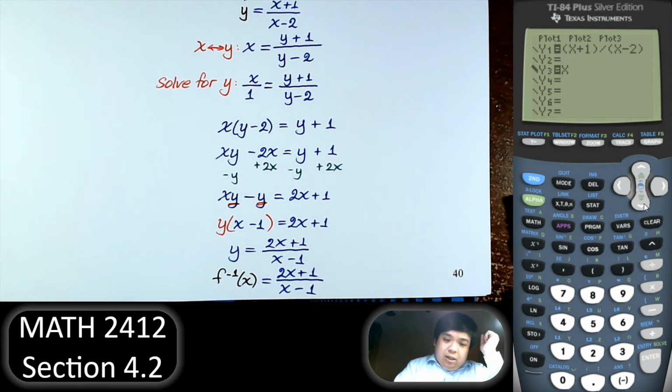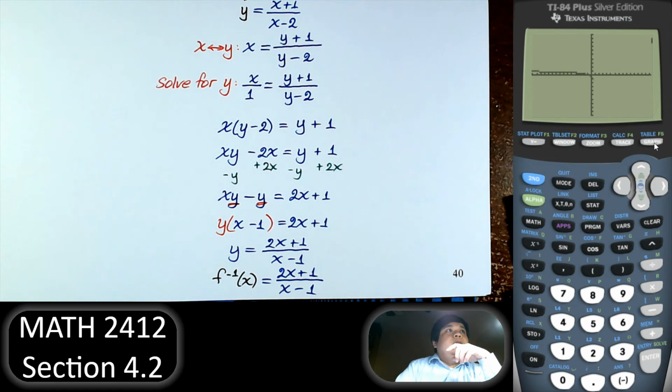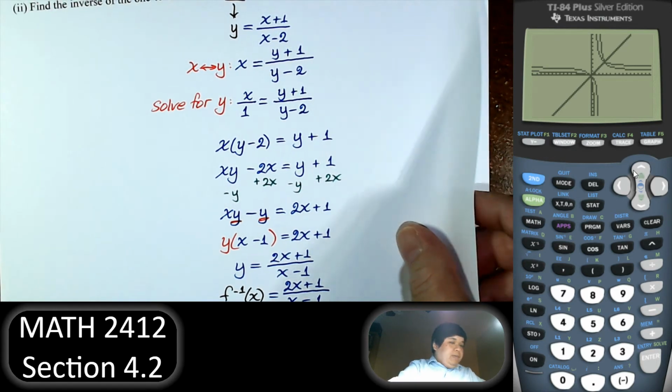And then in the function we have 2x plus 1, the inverse, 2x plus 1 divided by x minus 1. Yeah. So you see there's a symmetry here and here. Right, so that's good.